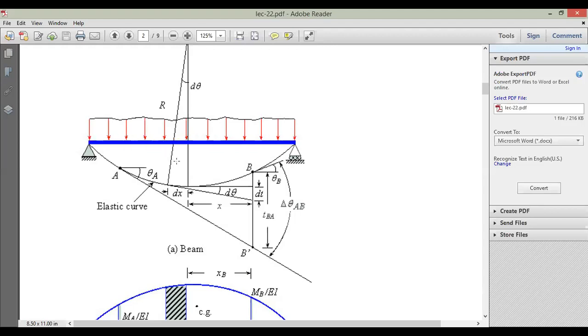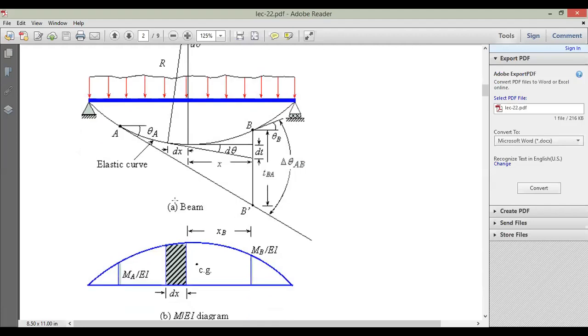If we convert this uniformly distributed load into a point load, it can be converted into a single point at the center point, but it will not reflect the same as a point load, because it started increasing from here and from here, and at this point these two distributed loads are added together, so the deflection will start from here, and this is not reflected.